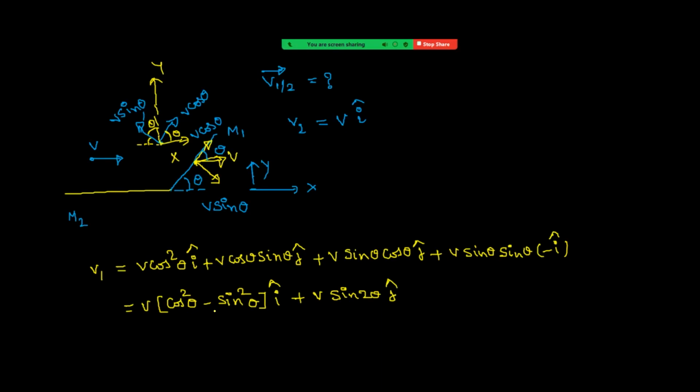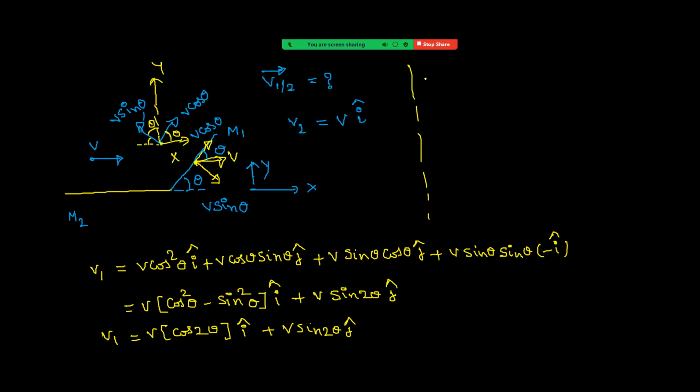And this is v into cos 2 theta, this is cos 2 theta i cap, and this is v sin 2 theta j cap. This is now the velocity of the image by mirror 1.